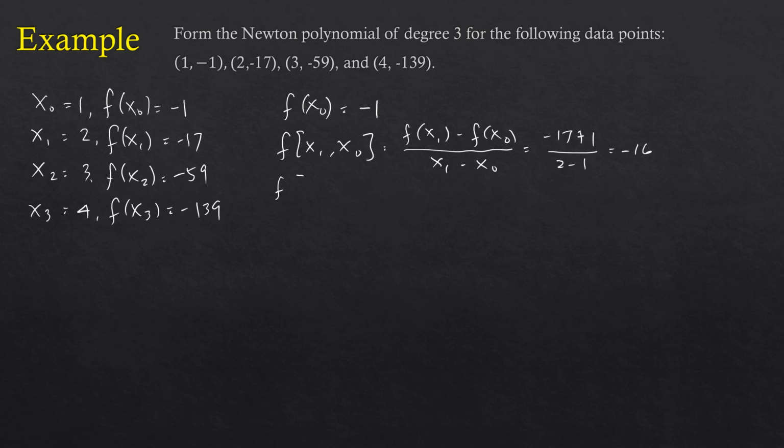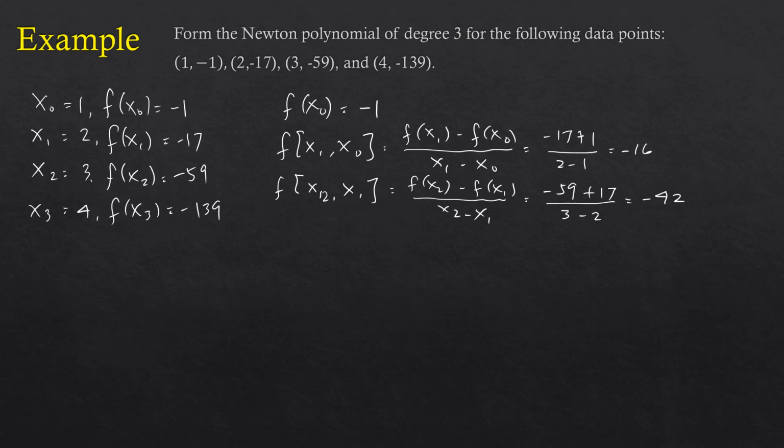Let us calculate also for x sub 2, x sub 1. That is f of x sub 2 minus f of x sub 1 all over x2 minus x1. That is negative 59 minus negative 17 over 3 minus 2, and that gives us negative 42.